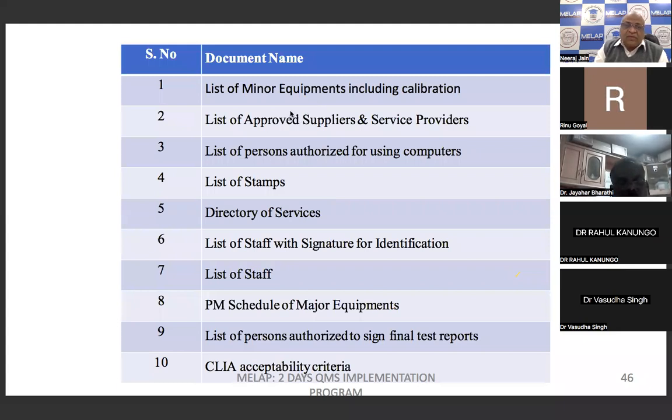Yes, 6.2.3, not 6.4. 6.4 is related to your equipment. Here we are talking about personnel, that is 6.2.